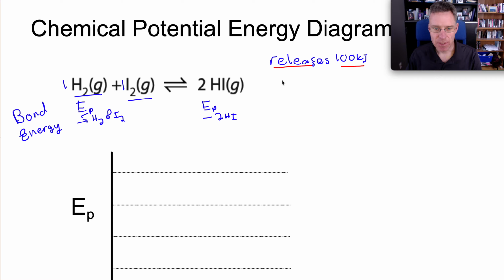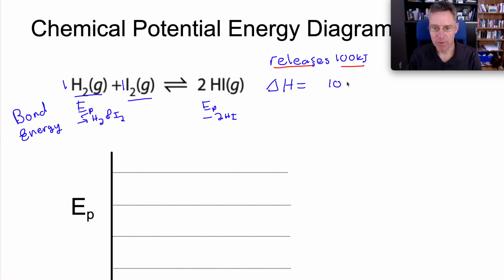The difference in potential energy is something that we call enthalpy, which is given a symbol H. E is already used for straight up energy. So enthalpy is symbol H, and this is going to be a change in enthalpy. So the difference in potential energy from the end to the beginning is a release of 100 kilojoules.